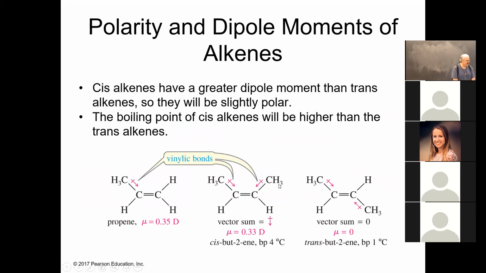Cis-alkenes have a greater dipole moment than trans-alkenes, so they will be slightly polar. And the boiling point of cis-alkenes will be higher than that of trans-alkenes. In some cases not by much, but it will be higher.